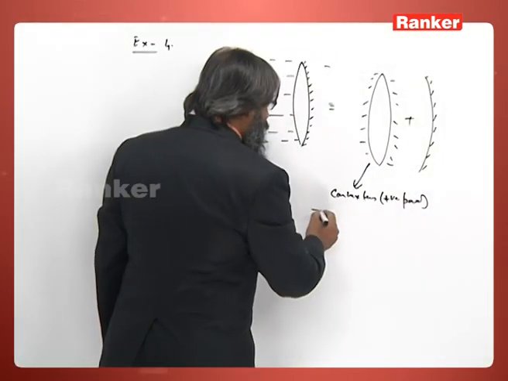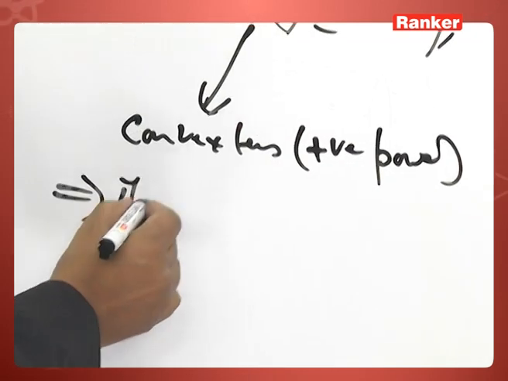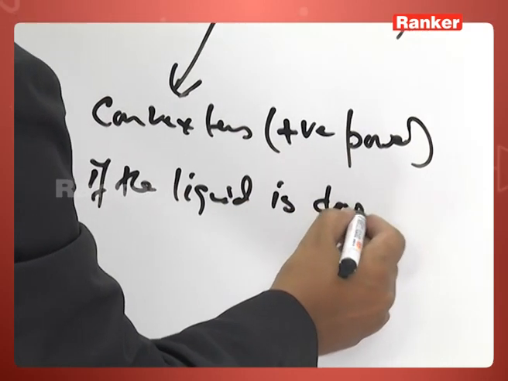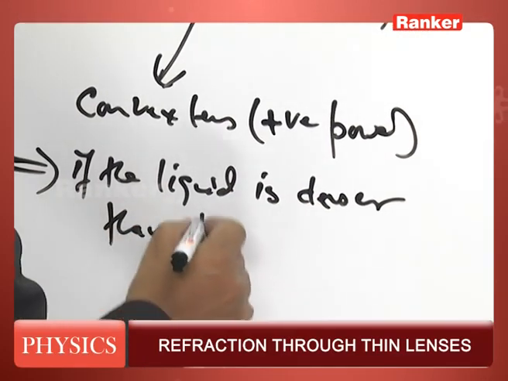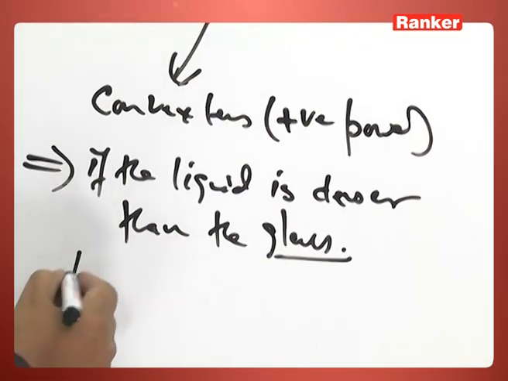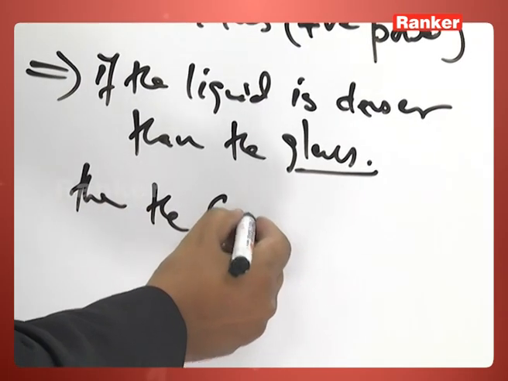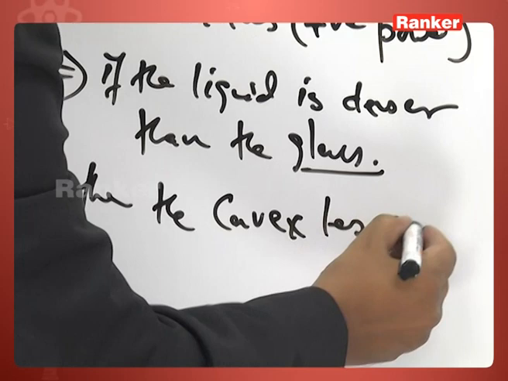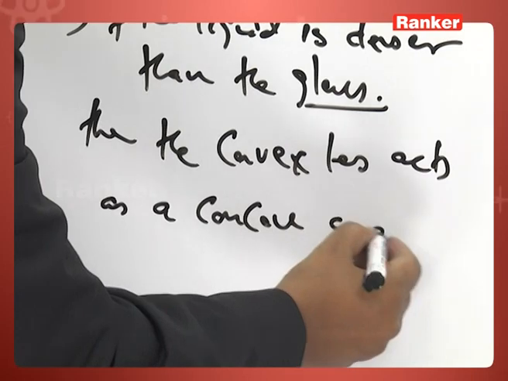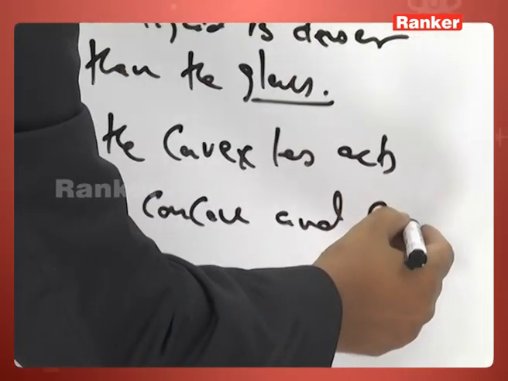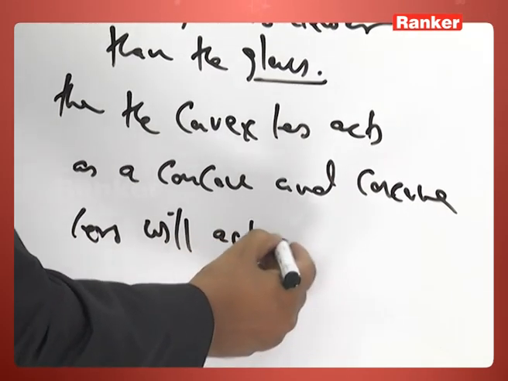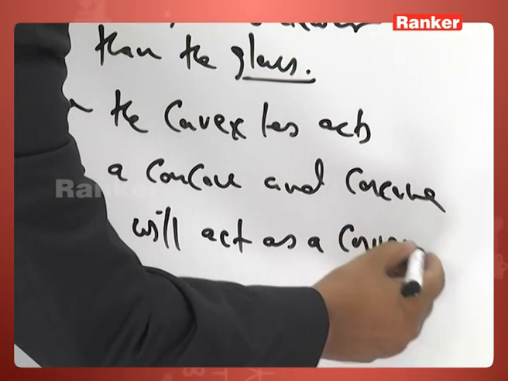Now here the important point is that if the liquid is optically denser than the glass or the material of which the lens is made, then the convex lens acts as a concave lens, and if a concave lens is given, it will act as a convex lens.